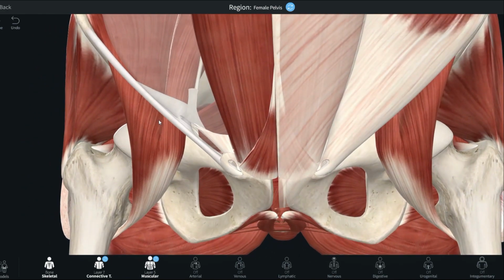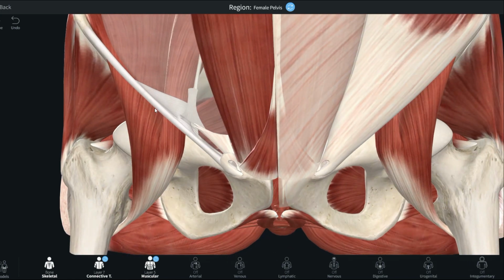Why I'm showing you these two structures is to set the idea of how this inguinal canal is formed, or rather how it is oriented. So the inguinal canal, what is it actually? First of all, let's define it. It is nothing but an oblique musculo-aponeurotic canal.